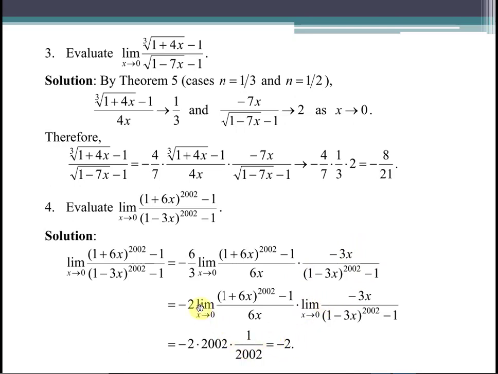That's why here we have minus 2, the ratio of minus 6 over 3. There are two limits, and the answer is minus 2 times 2002 times 1 over 2002. They cancel, and we have the answer just minus 2.